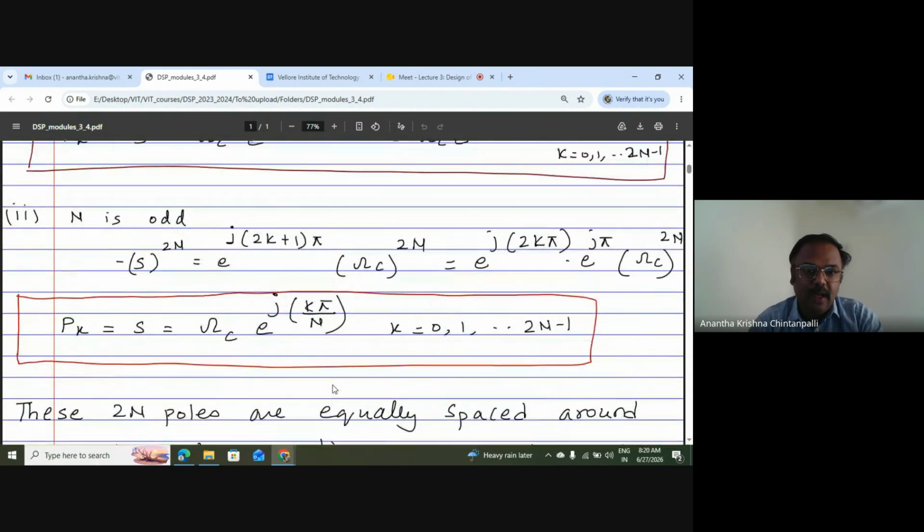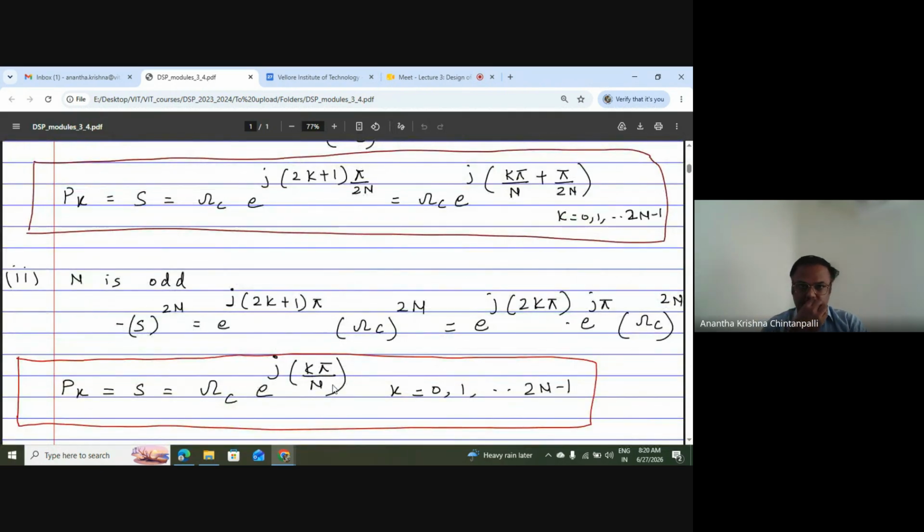Now, what are these in terms of pictorial representation, or to use a more technical word, what are these in terms of s plane? Because these are the location of the poles, correct? So this is of a polar form, r e to the power of j theta form. So that means these locations of the poles should form a circle.